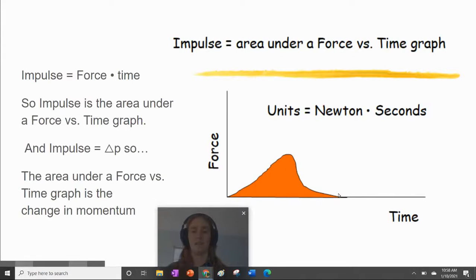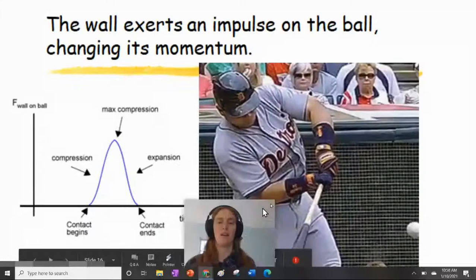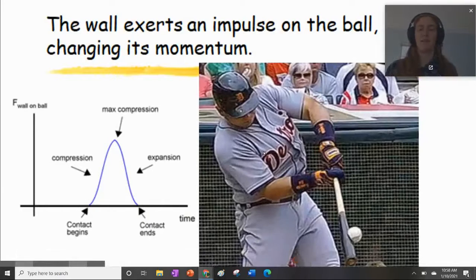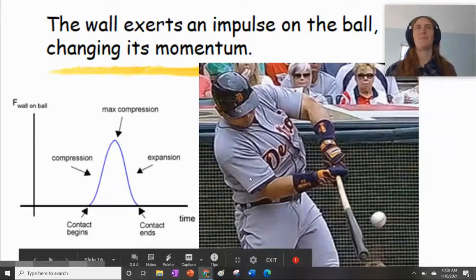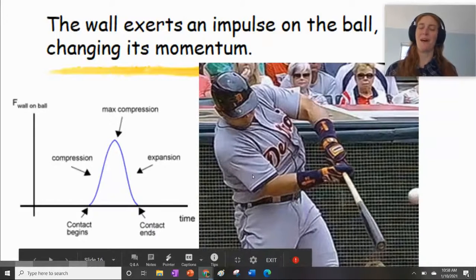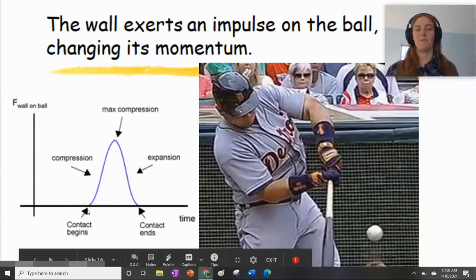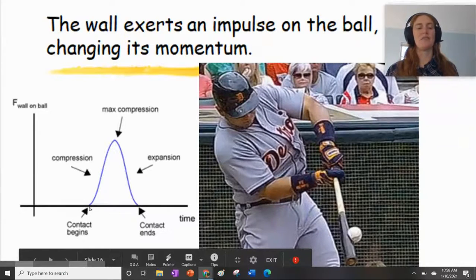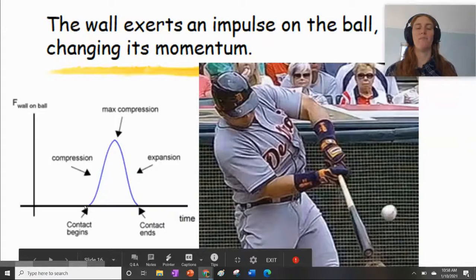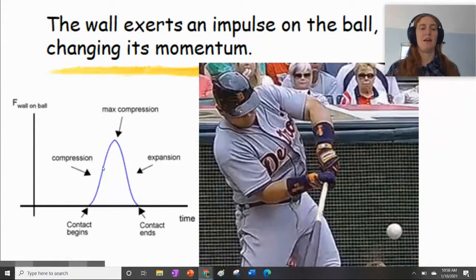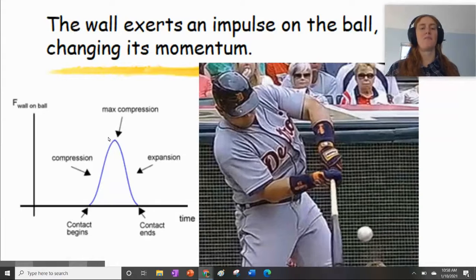All right, let's look at an example. So here I have a baseball player hitting a ball with a bat. And as the ball starts being in contact with the bat, you'll notice that the ball itself is getting compressed, it's getting squished. And then up here at the top is when you're going to have your maximum force.